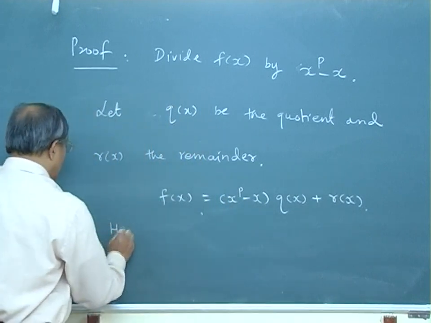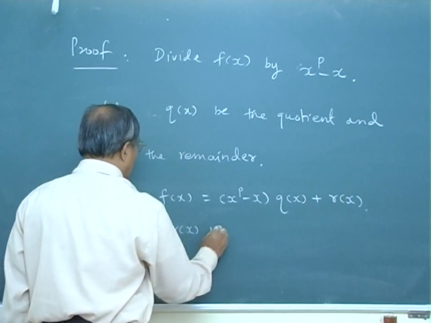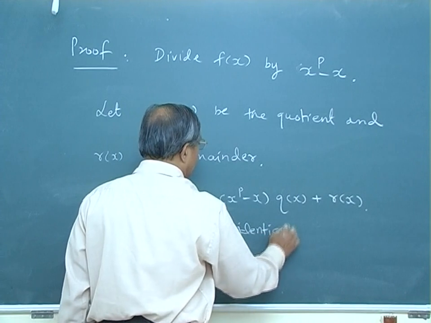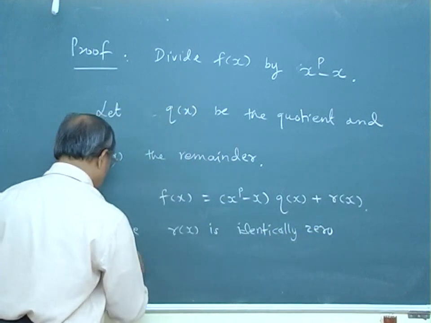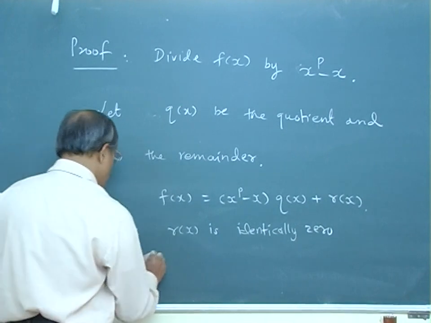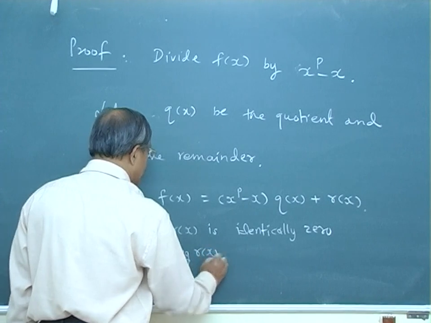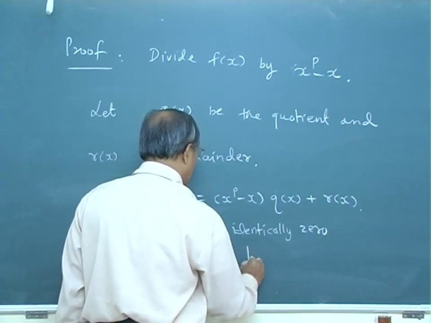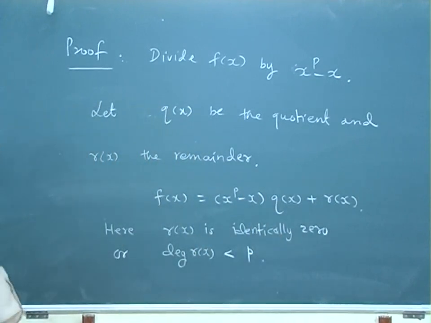Here r(x) is identically 0, or the degree of r(x) is less than the degree of x raised to p minus x, that is, less than p.